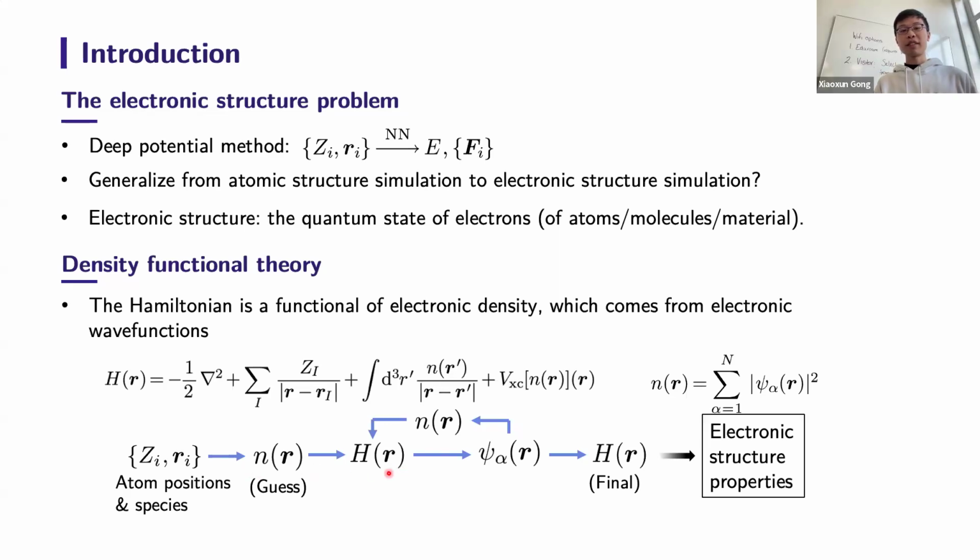With that we build our Hamiltonian based on our mean field approximation. We diagonalize to get the wave functions, we get another density, and we do self-consistent iterations until the Hamiltonian reaches convergence. From this final Hamiltonian of density functional theory, we can get our desired electronic structure properties of materials or structures.